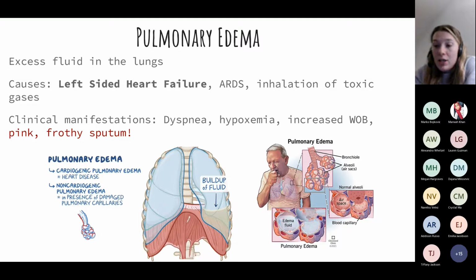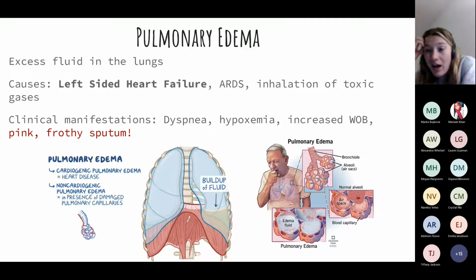Blood goes through circulation from the right side of the heart, goes to the lungs to get oxygenated. From the lungs, it goes to the left side of the heart to be pumped out to the body. But if there's an issue with that left side of the heart, all that blood's going to back up into our lungs. That's why left-sided heart failure is a really big cause of our pulmonary edema.